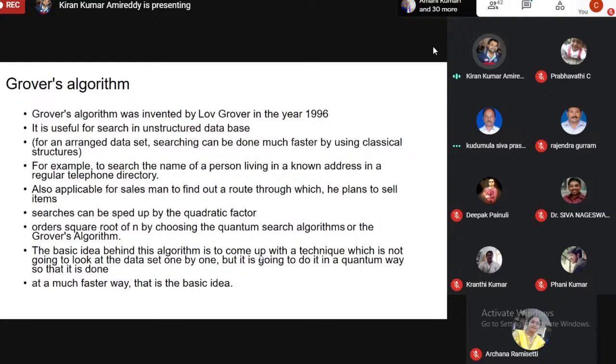This Grover's algorithm is also known as the search algorithm. It was developed in 1996.